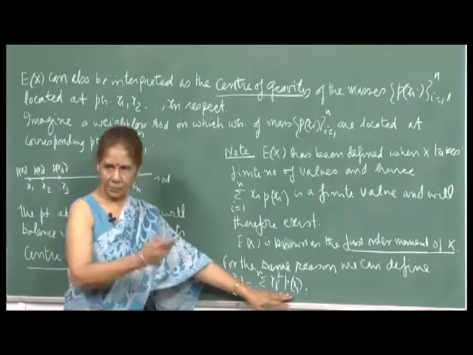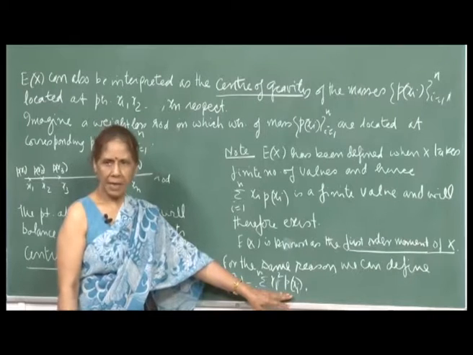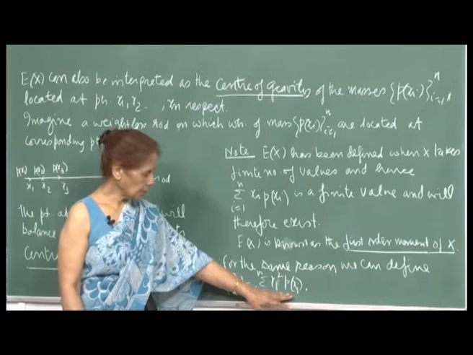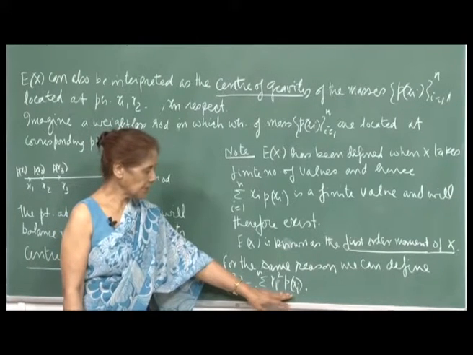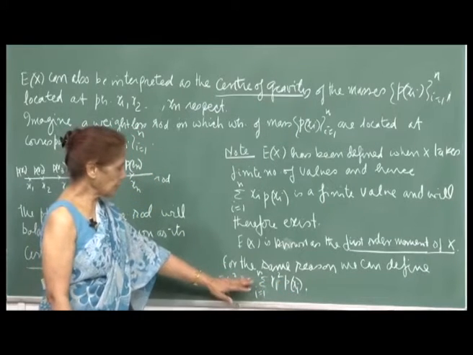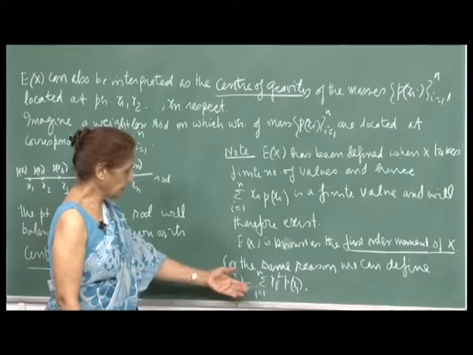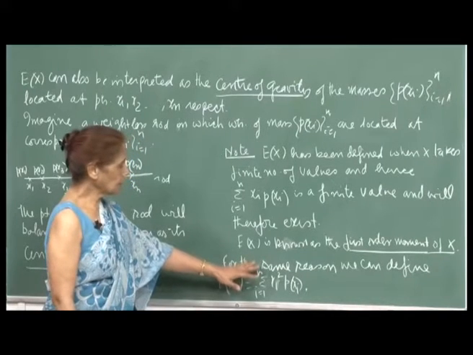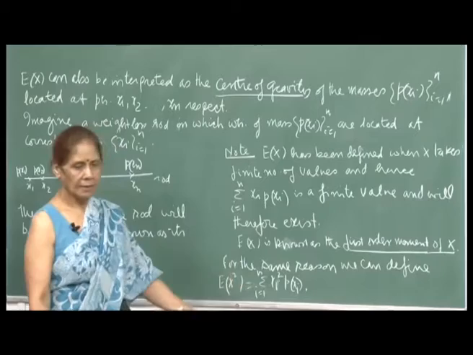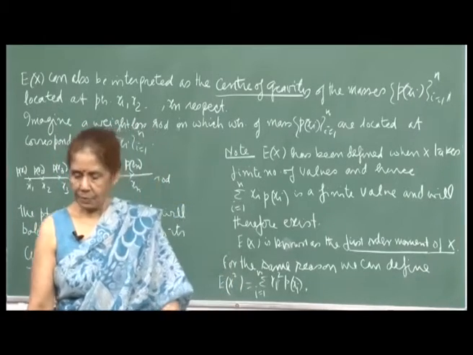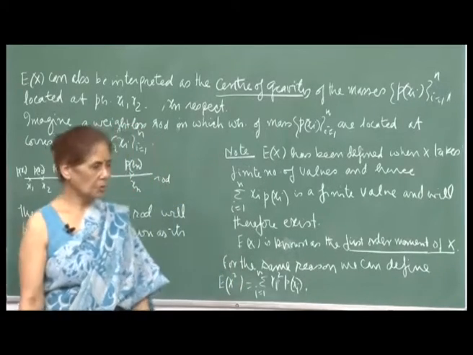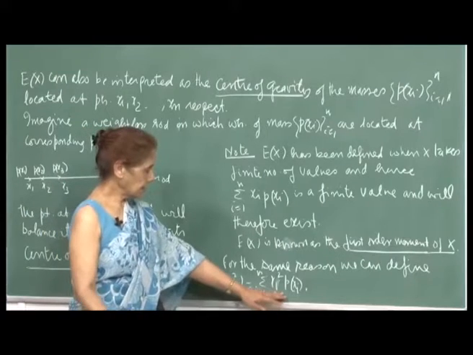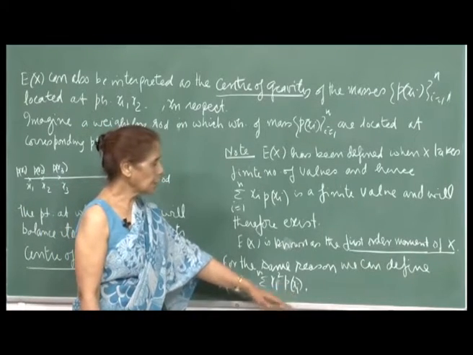Because of this summation, of course, if X and Y have the same probability mass function. What I am saying is that right now, wherever I am using the linearity of expectation, I am doing it in the scenario when X takes finite values or countably infinite values, wherever the summation is a finite number.